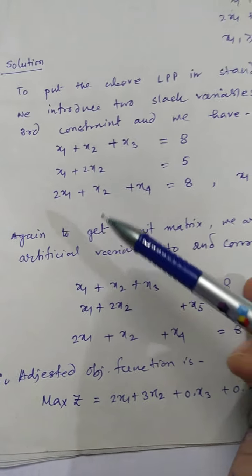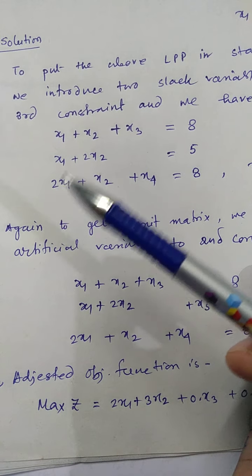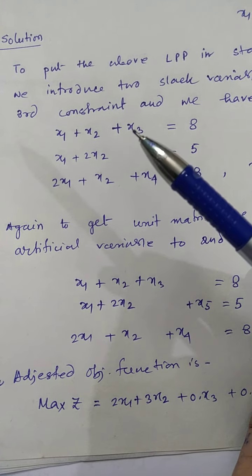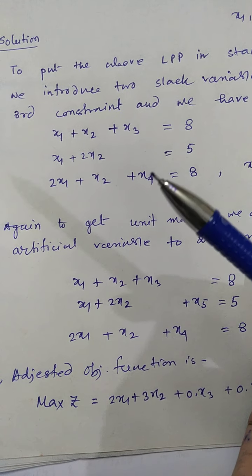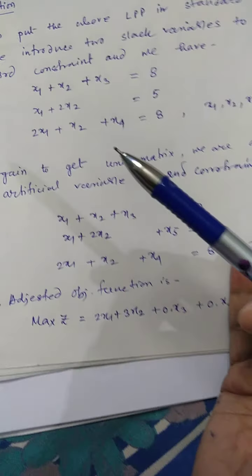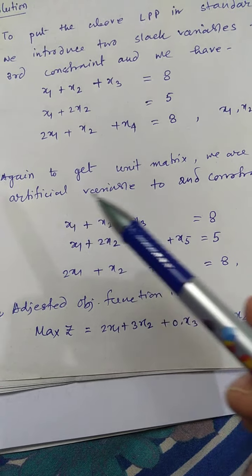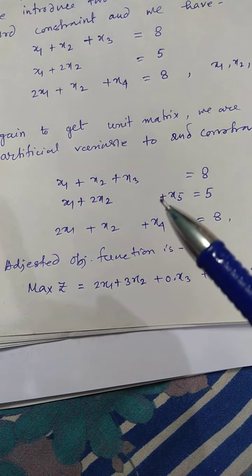And again, we have the matrix in the form 1 1, 2 1, 2 1, and for these variables we have 1 0 0 and 0 0 1, but the unit column 0 1 0 is missing. For this one we have to introduce an artificial variable to the second constraint.